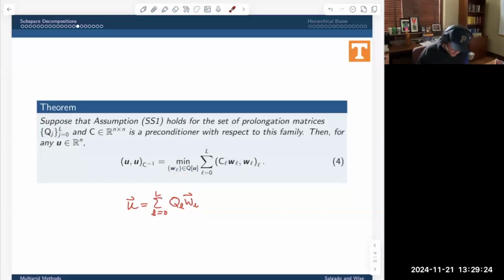And this sum here, what does it involve? Well, this is a part of the definition of the C inverse matrix. Let me see if I can get the C matrix defined correctly. So it was sum l equals 0 to capital L, and I think it was Q_l C_l inverse Z_l. Let's see if everything makes sense in terms of dimensions.